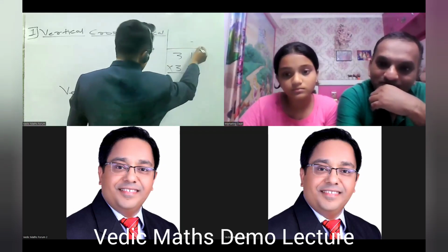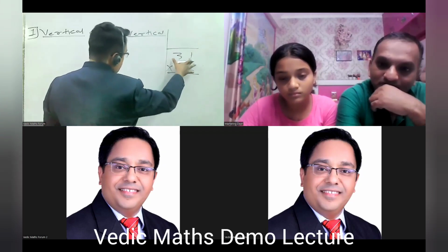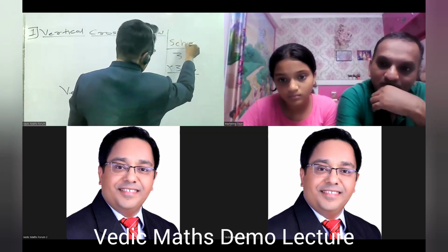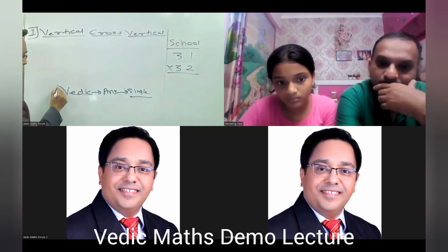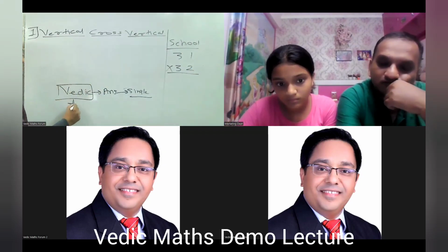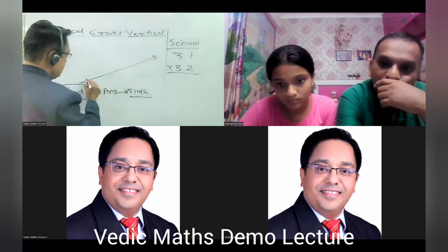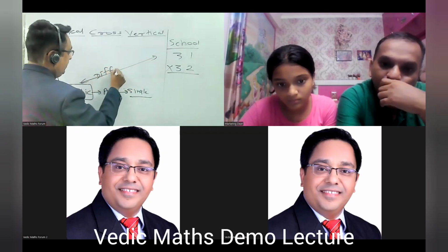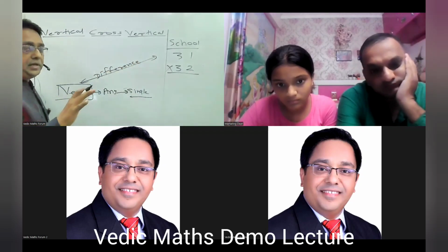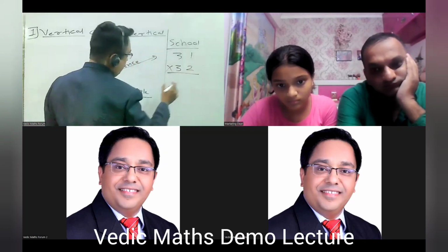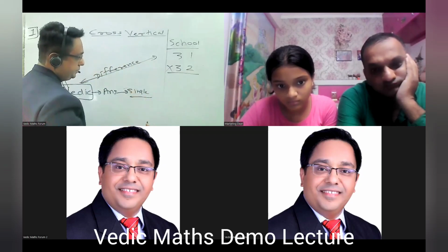Initially, let's solve this example by using the school method. Then we'll solve the same example by using the Vedic method, and then we'll see the difference between both methods.